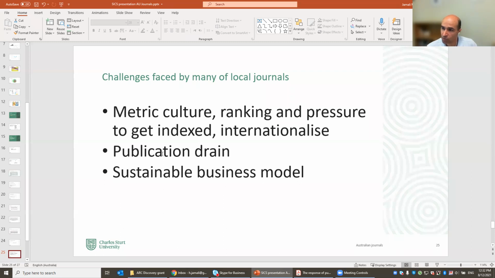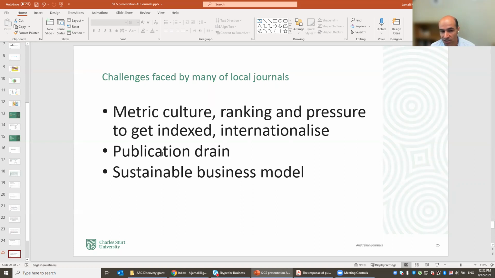While you are in Scopus, you have to have perhaps other people from other countries on your editorial boards. You need to publish more papers from other countries. And therefore, you have to maybe change the scope to maintain that citation level and so on. And as a result of that, there is a publication drain. So Australian authors don't want to publish in that lowly ranked local journal. They go for international ones, and the local journals suffer.